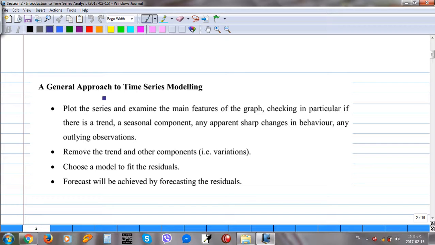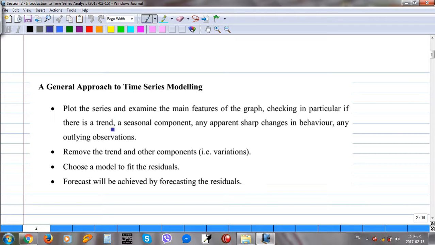And a general approach to time series modeling. So this is the approach. Plot the series and examine the main features of the graph, checking in particular if there is a trend, a seasonal component, any apparent sharp changes in behavior, any outlier observations. First you have to plot the graph and check whether there is a seasonal component, a trend or sharp changes.